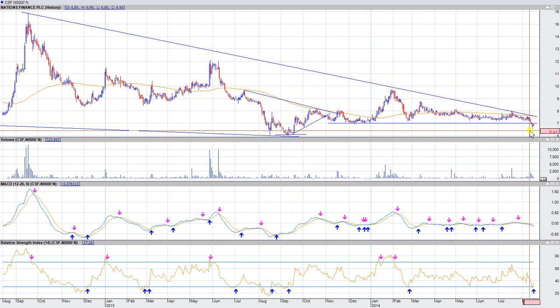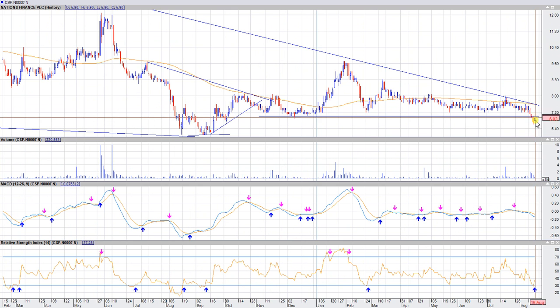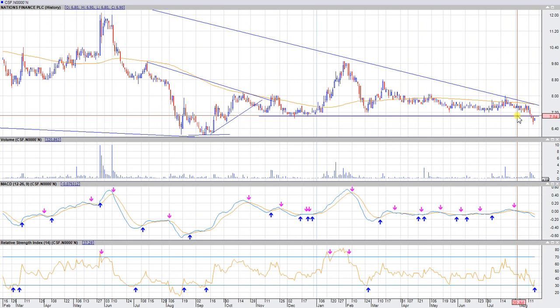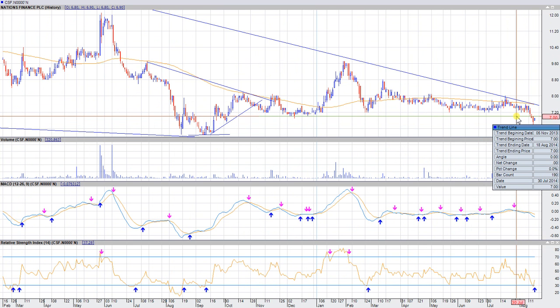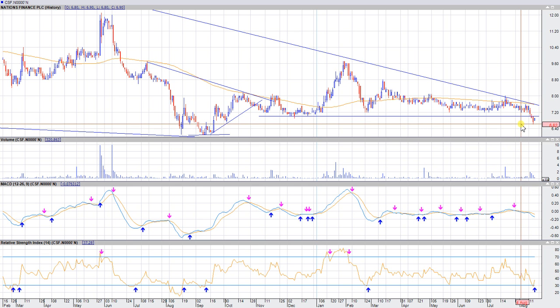I don't know whether this is a sign of a reversal. It's still not clear though, but as it is, 7 rupee will stand as a resistance line now that it has broken towards 660.